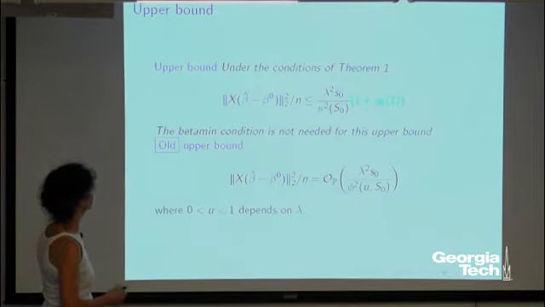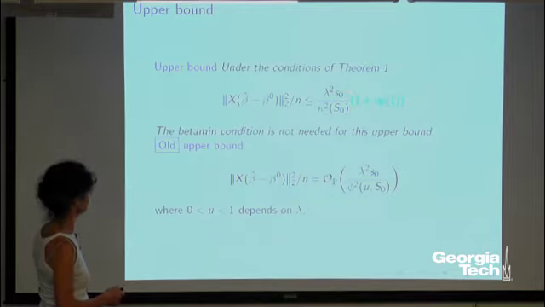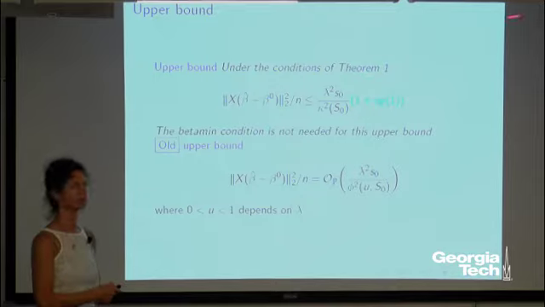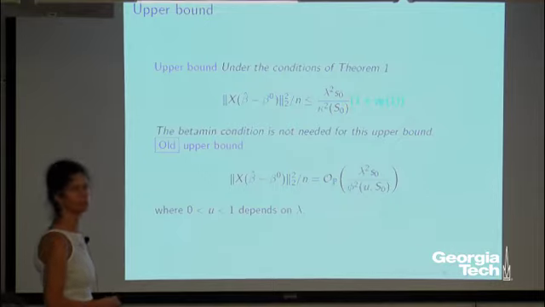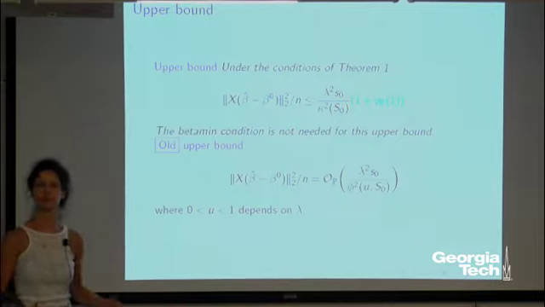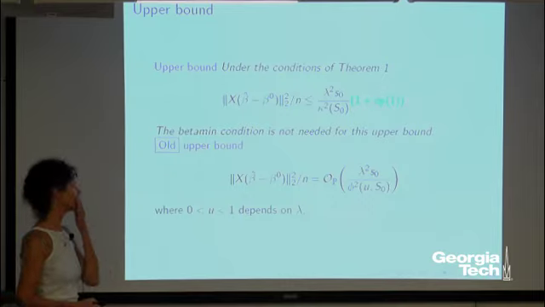So we know that the upper bound depends on the compatibility constant. We can prove that under the conditions of that theorem which I started with, you have this upper bound, and for that you do not need any beta min conditions. So you don't need that the non-zeros stay away from 0.